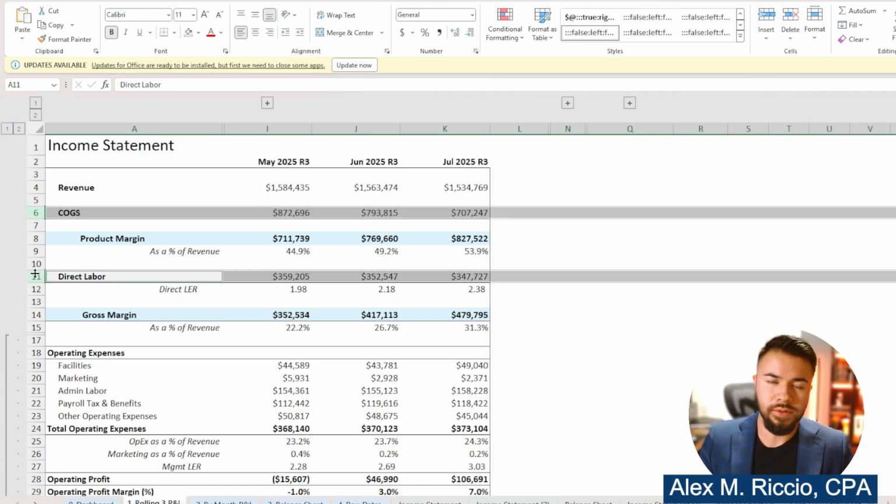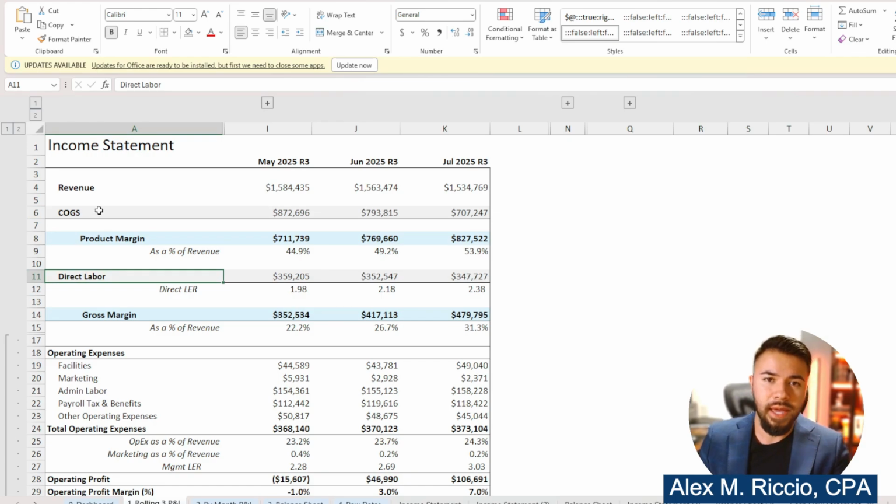And the reason we do that is because, as Greg Crabtree, the author of Simple Numbers, says, your employees are the only costs that come to work with an attitude. They're the only ones you have so much more control over, out of all of the other costs in your business. You can choose to hire, you can choose to fire, you can optimize the efficiency of your labor. So we need to segregate direct labor from the actual hard cost of goods sold, whatever that is to produce your revenue as a business, right?